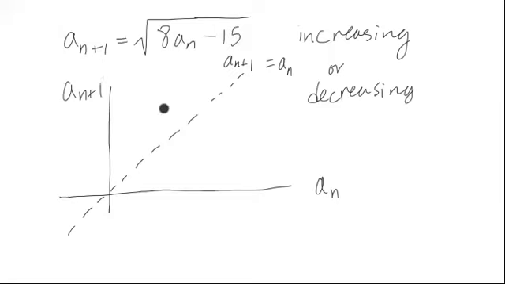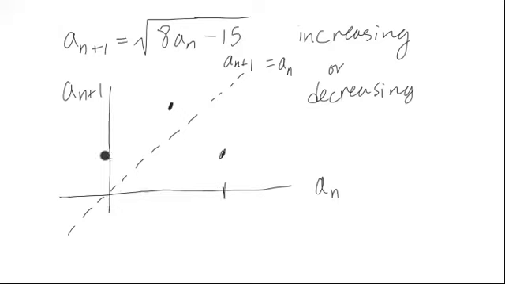Another thing to think about, what happens if we're over this line? That means that a sub n plus 1 itself is bigger than a sub n, which means that currently between these two, it's increasing, at least between those two elements, like we've gone upward from where a sub n was to where a sub n plus 1 is. Likewise, if we're down here, it means we're decreasing, since a sub n right here looks like it's bigger than a sub n plus 1.